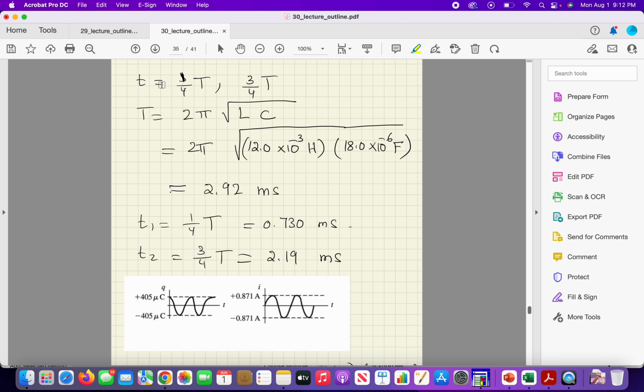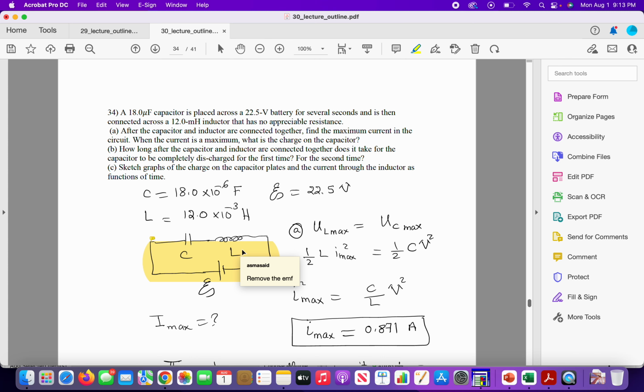the time that we're gonna have this is when it is 1/4 T and 3/4 T, based on the diagram from the textbook, the one that was here.